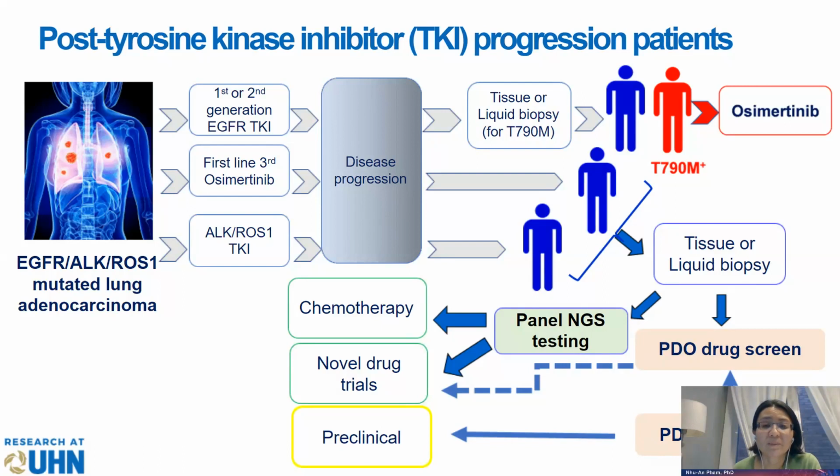Whether they are coming from the original surgery or if they've come on for treatment of first line or other lines of therapies, and disease progresses, samples need to be taken to further monitor disease and also identify what other variants are evolving to cause resistance and possibly put the patients on alternative therapies.